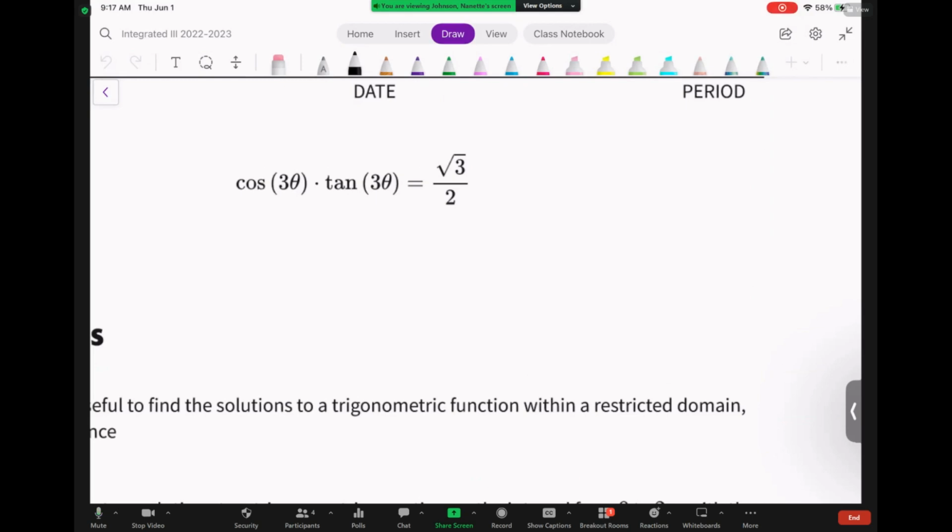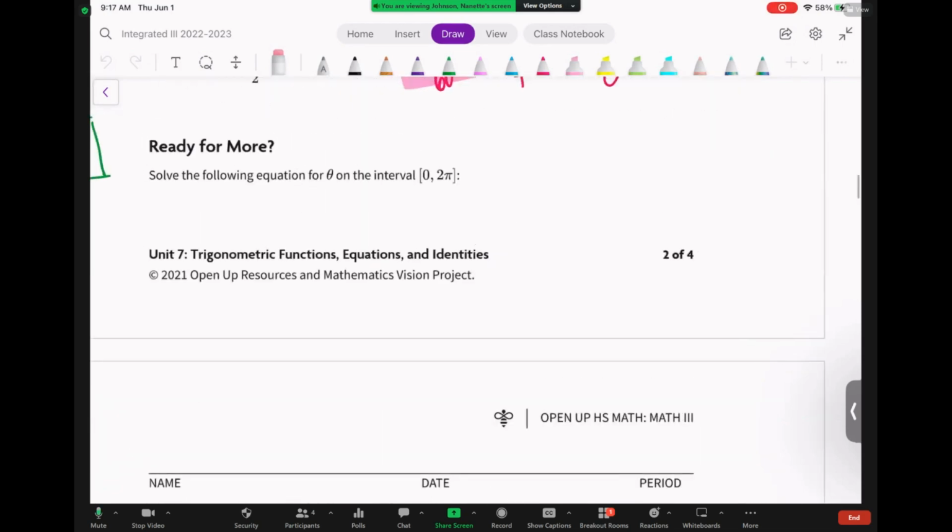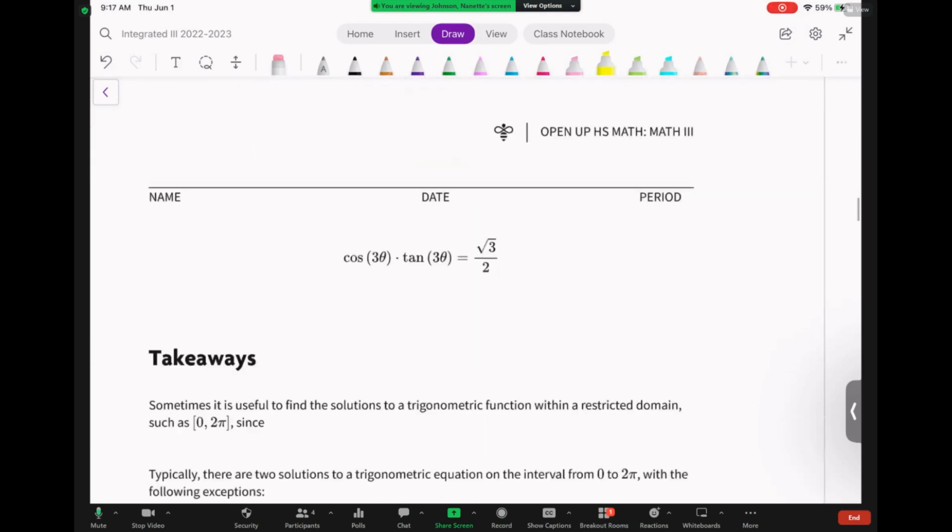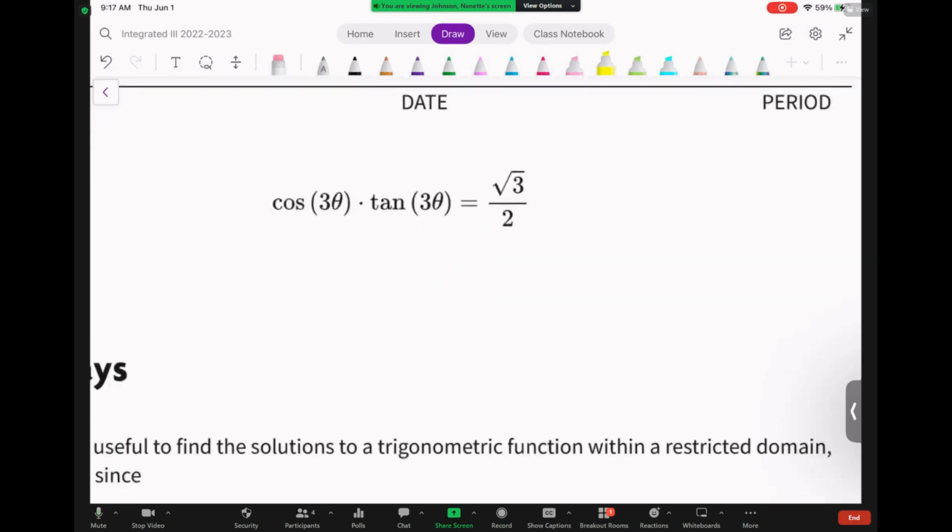I like n, but for some reason our curriculum has 2 pi k, so we're going to go with 2 pi k. But here, because they specifically state from 0 to 2 pi, we're only looking at that first circle, so you don't need to add rotations, right? A full rotation. So my answer is just going to be straight in the first circle.